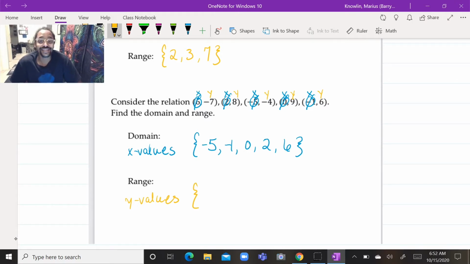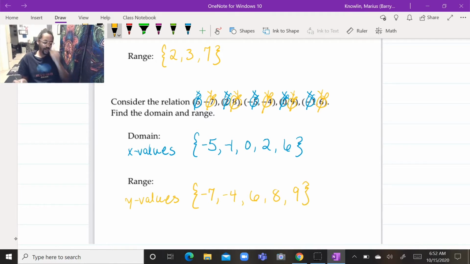On the y-axis, the least would be the one all the way at the bottom, and the largest one would be the one all the way at the top. So our least y value here would be this -7. Then the next least would be -4. Then after -4, we would have +6. Then +8. And last but not least, +9.